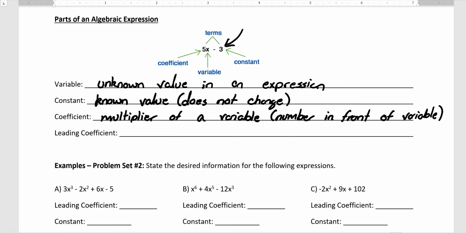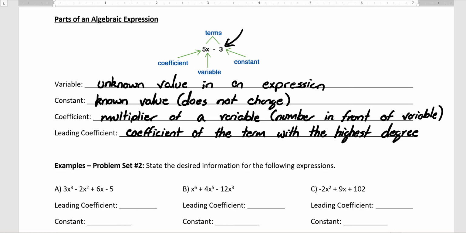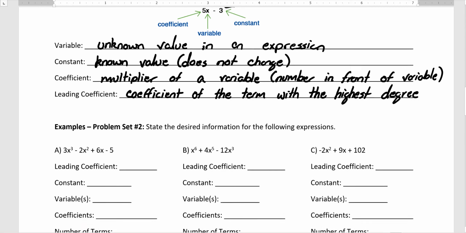And then the leading coefficient is the coefficient of the term with the highest degree. The highest degree. So we defined degree earlier. Degree, remember, is the exponent of a variable.